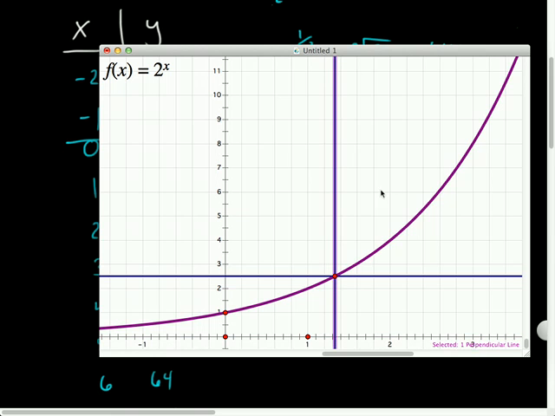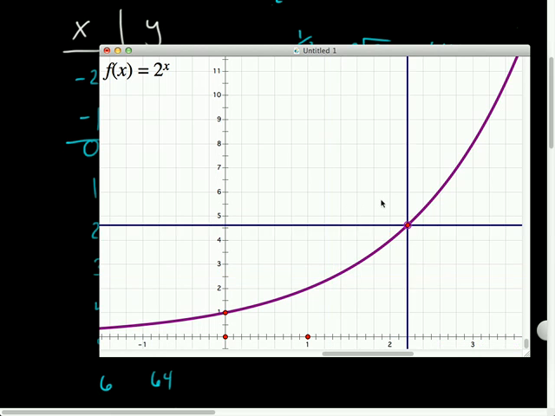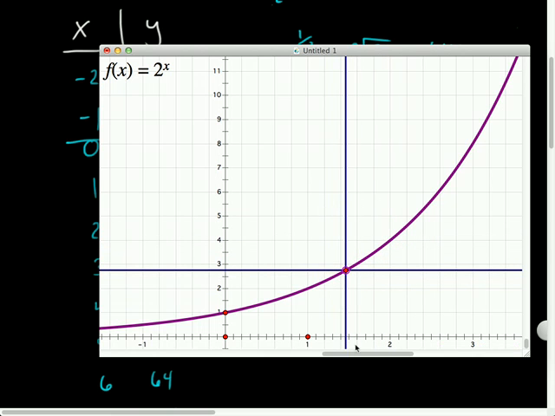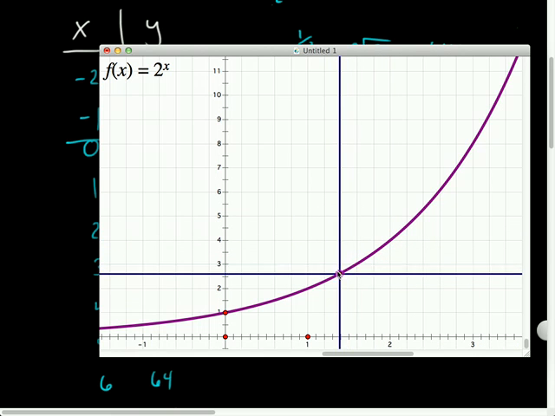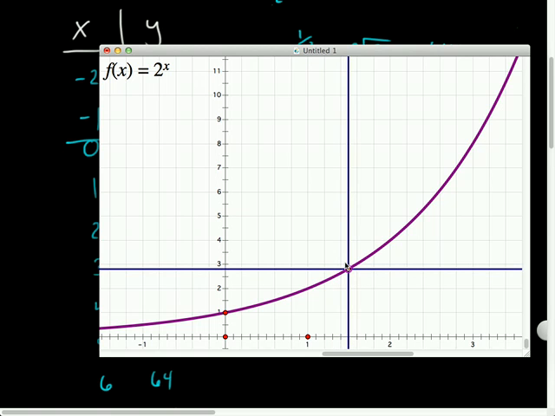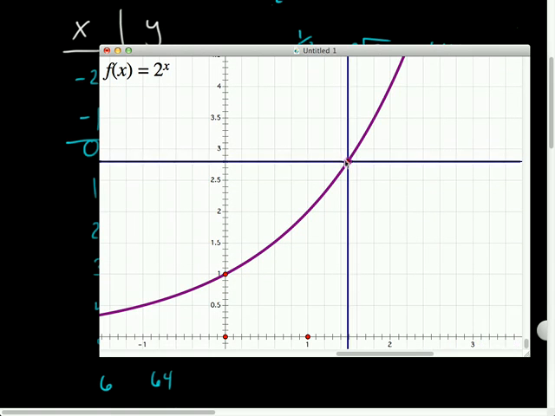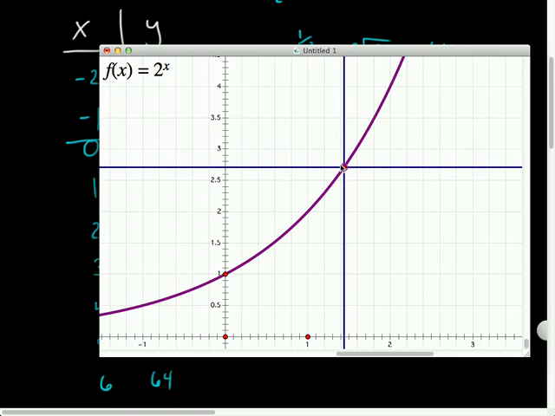Bam. So you can now kind of see that as this slides along the curve, I can see how high it is over here and how far over it is over here. So here's at 1.5. It appears to be at like 2.8-ish, right? But if I want to figure out 1.414, I just have to slide it maybe right here.